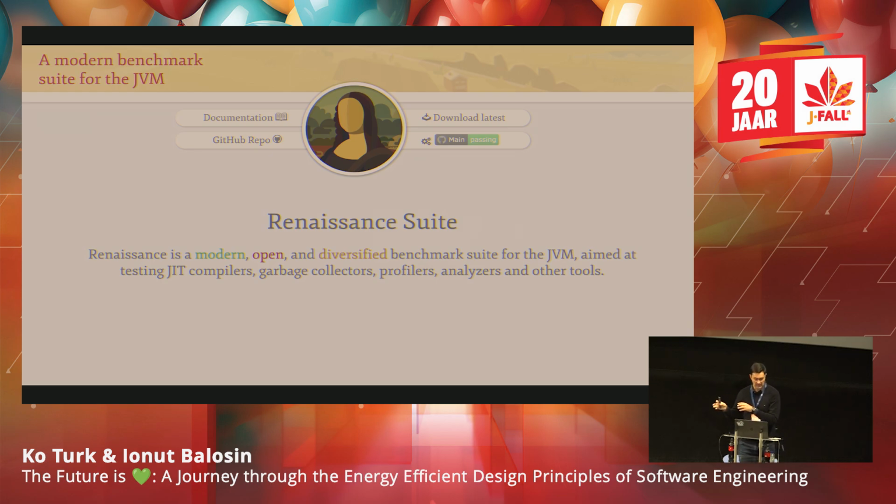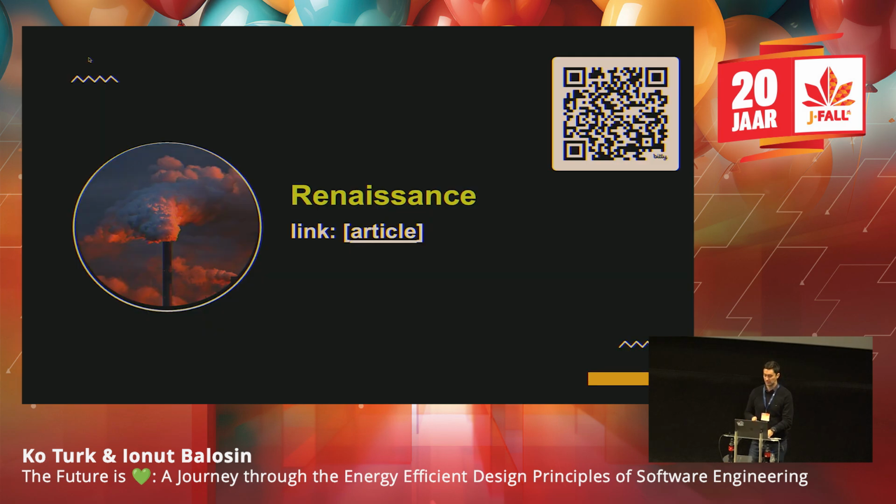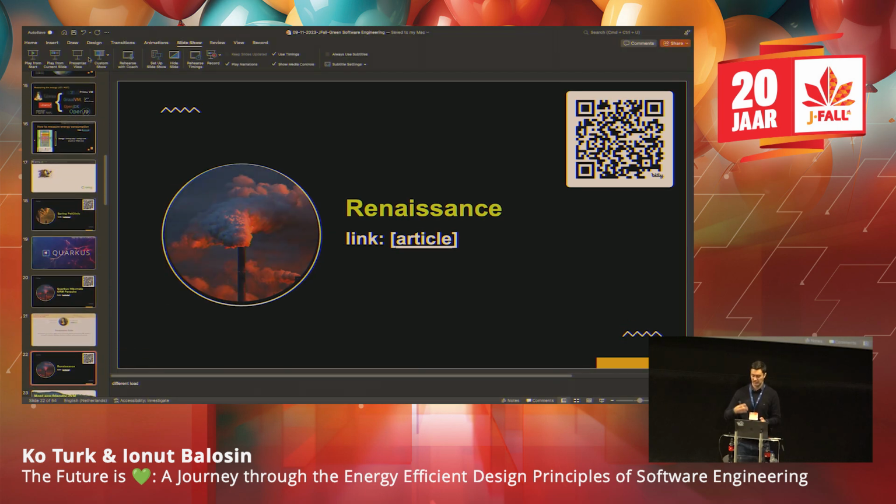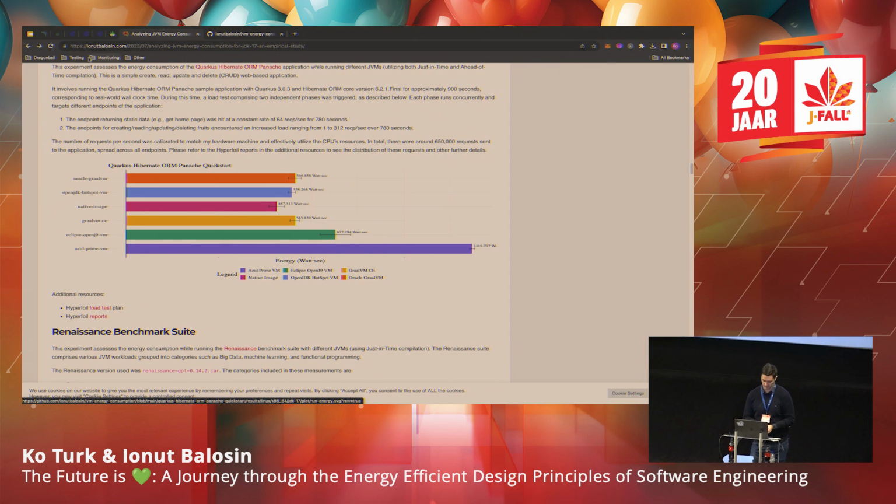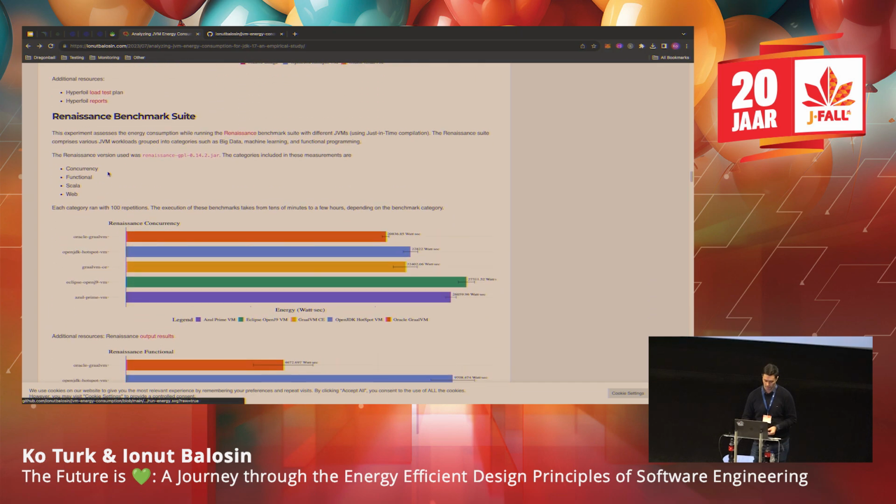Concurrent, functional, Scala. We took that, it is like a jar, and we tried to measure how much time each of these JVMs consumes to run this Renaissance benchmark suite for different categories. Here we took 4 of these categories: concurrency, functional, Scala, and web.